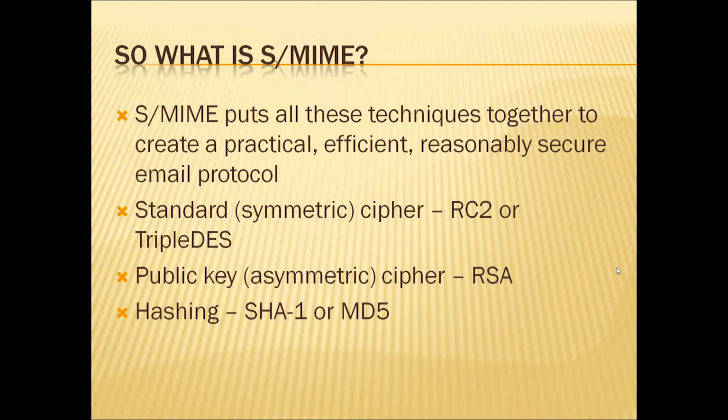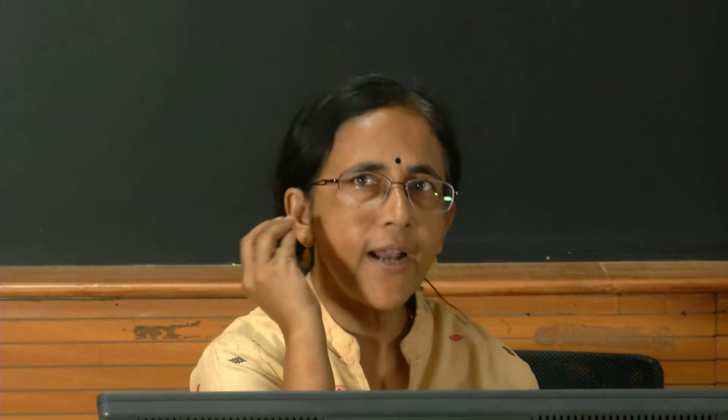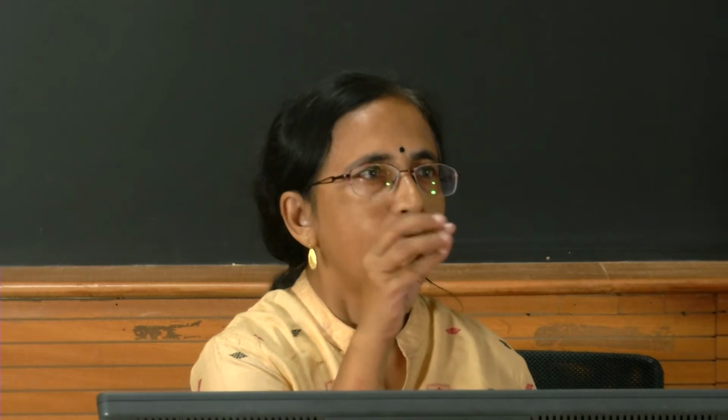So, the symmetric cipher that is used is RC2 or DES. The asymmetric cipher, that means the public key algorithm, is RSA, and the hashing algorithms are these. So, all are well known algorithms, and not only well known, but tested algorithms. When they will break, that is also known, how they will break.